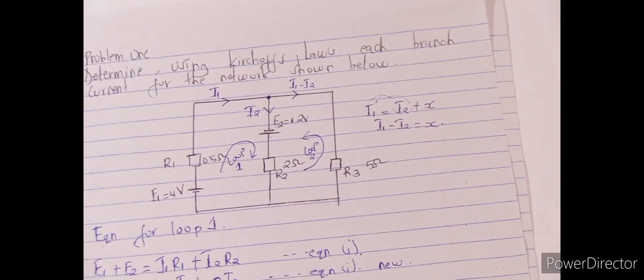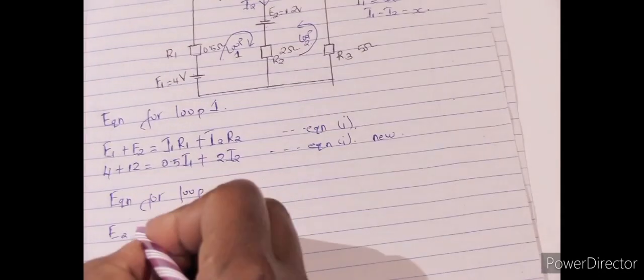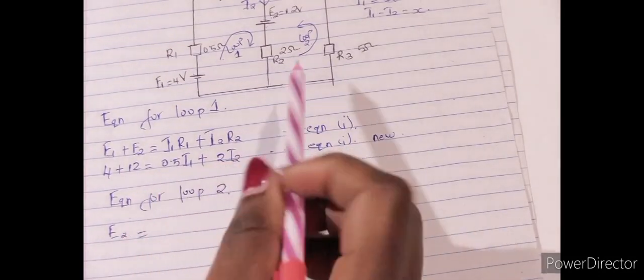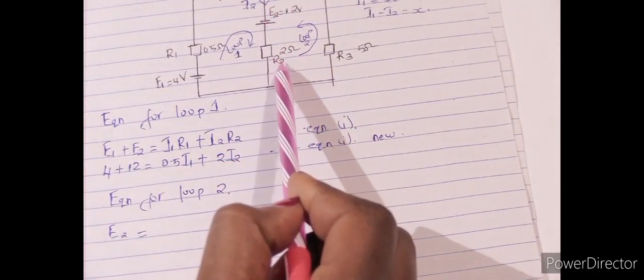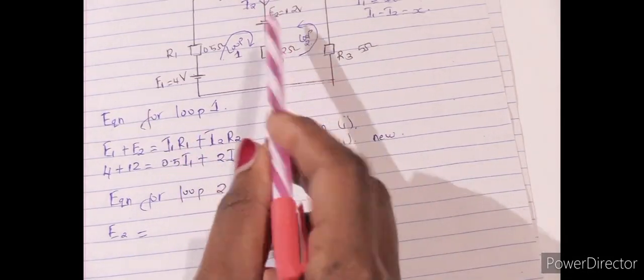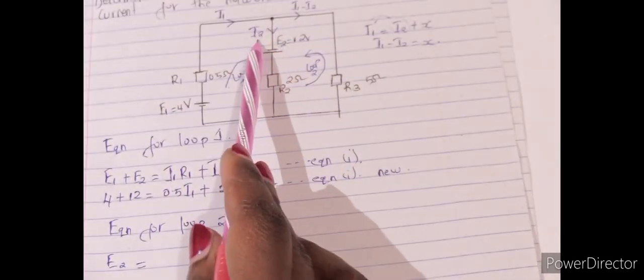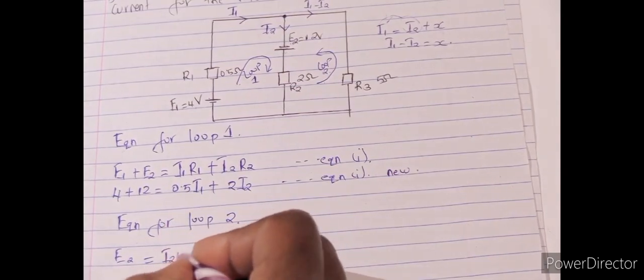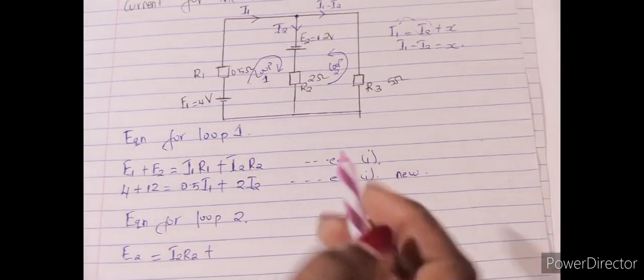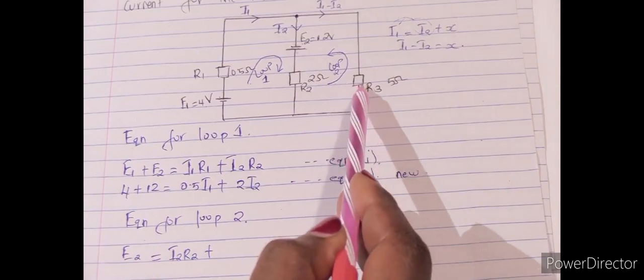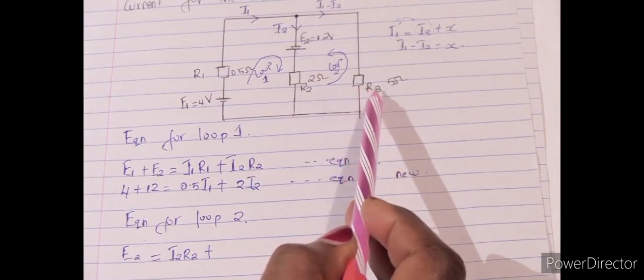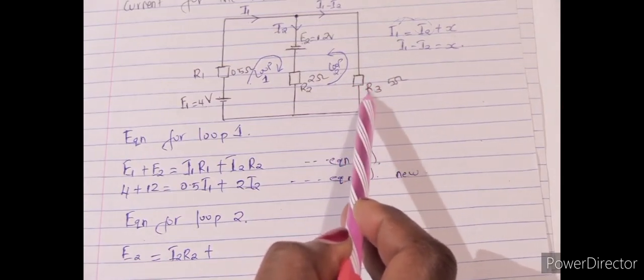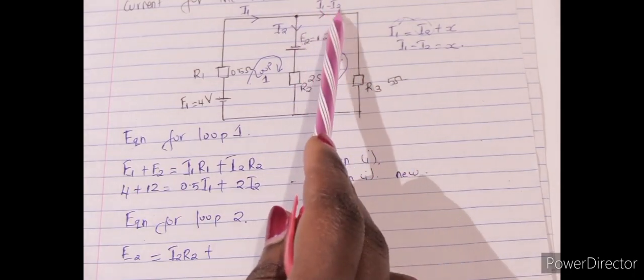So we are going to have E2 equals, the first resistor we meet in loop 2 is R2, and the current flowing through it is I2. So I2 R2 plus, the second resistor we are meeting is R3, and the current flowing through it is I1 minus I2.